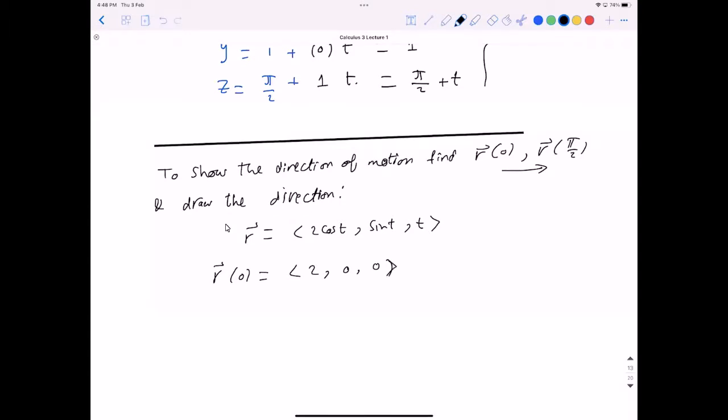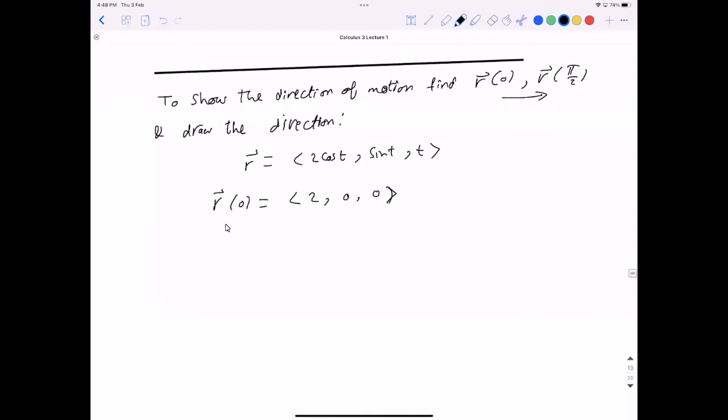This is the position vector of the initial point. R of pi over 2, substituting in the same original position vector: cosine pi over 2 is 0, sine pi over 2 is 1. This is pi over 2.